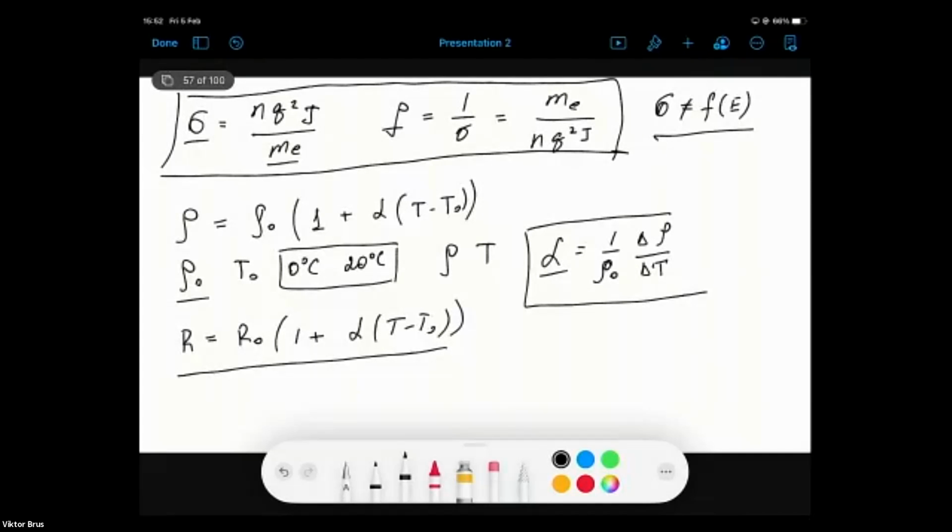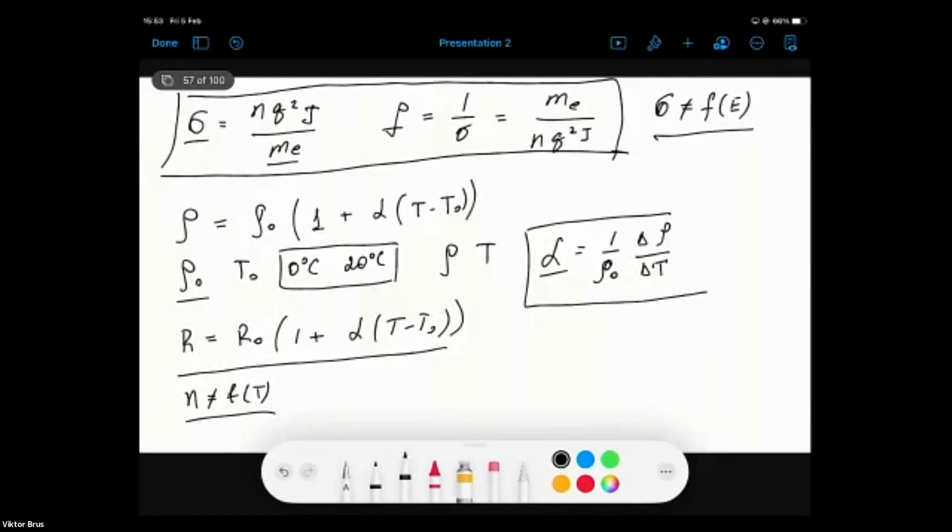For metals, the concentration of electrons is not a function of temperature, since metals don't have any band gap. The concentration of free charge carriers in the conduction band is independent of temperature. That's why resistance linearly increases with temperature, because the oscillations of atoms in the crystalline lattice increase as we increase temperature.